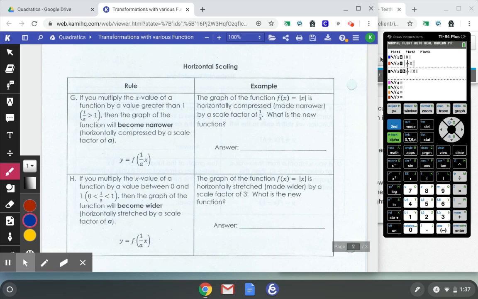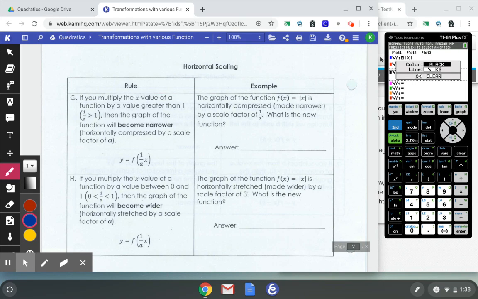I want to delete this one for right now. I'm going to put both of these in here right now.